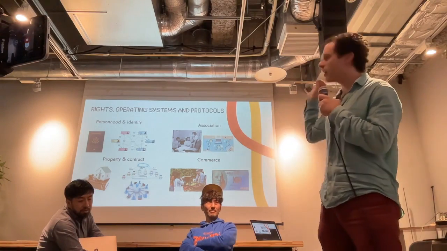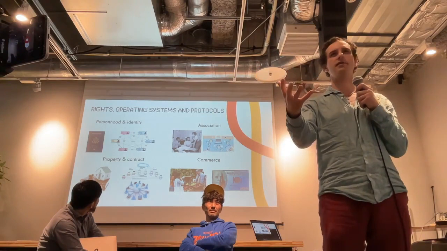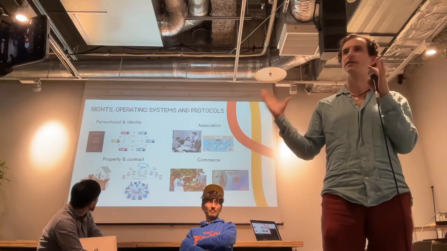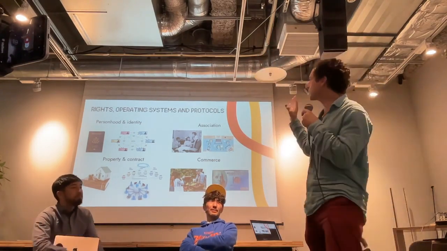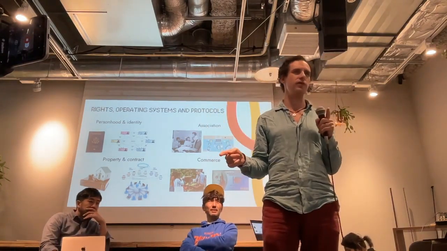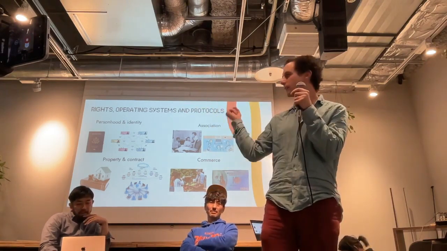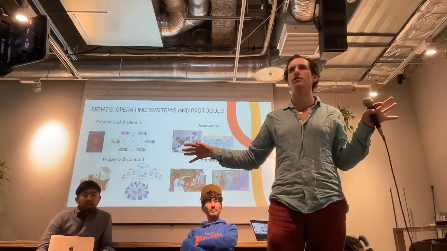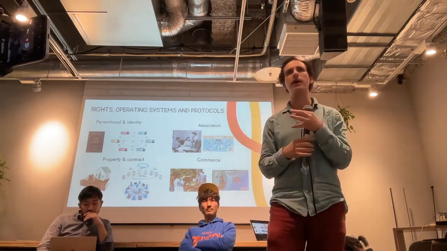And in the same way, all applications of computers rely on an operating system. That's a common underlying base of code and assumptions that you have to build those applications on, and they draw on those things. And if you think about the way that the internet was imagined, as the shared set of protocols that we have, fundamentally that's a perfect fusion of the operating system and the idea of rights. It's this underlying set of affordances that all of our social interactions in the digital world can rely upon.